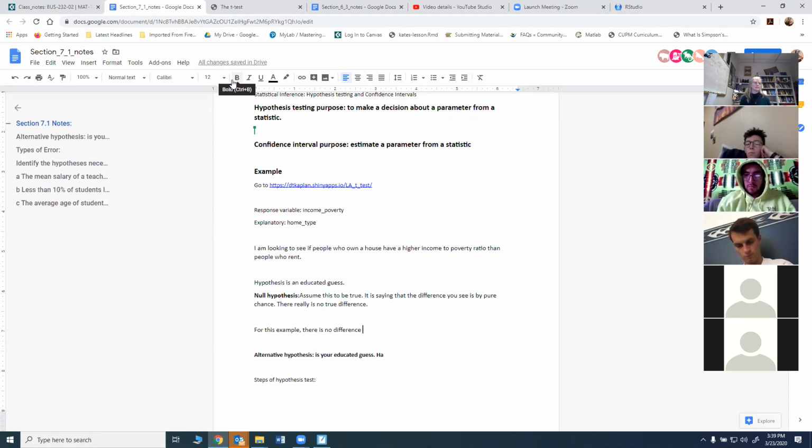There really wasn't a difference, it's just by chance we saw that happen. So in this case, I would say there is no difference between income poverty level for people who own as opposed to rent.